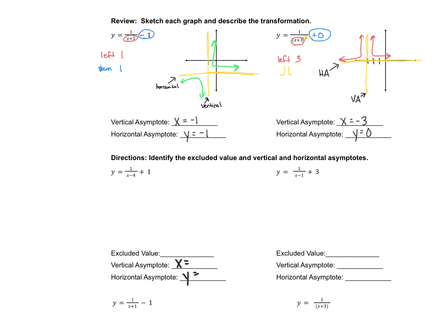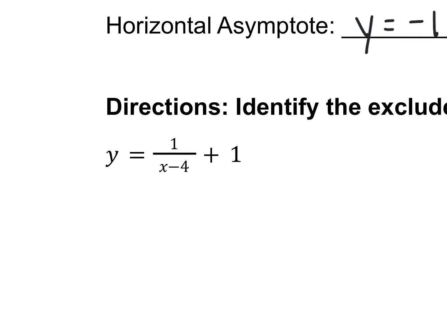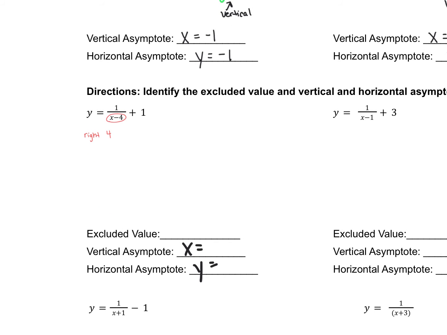So if you know vertical is x, find the x. The x is right here. What does the -4 tell you to do? It tells you to go right 4. Okay, so when I write this down here, it's going to be +4.